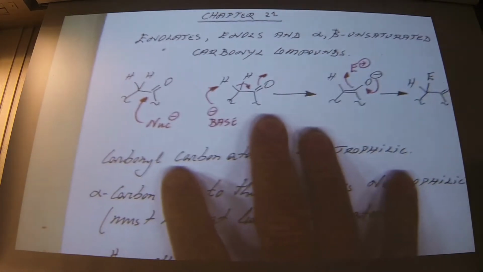The significance of carbonyl chemistry is that it provides you with a way of making carbon-carbon bonds. And as I've said many times before, the synthesis of carbon-carbon bonds is what's really important in organic chemistry.